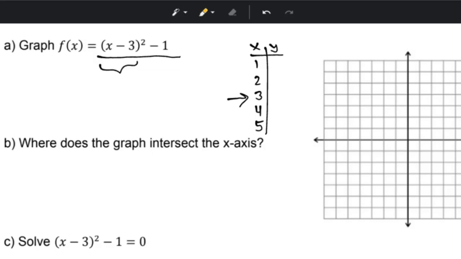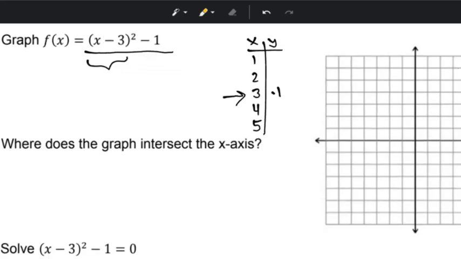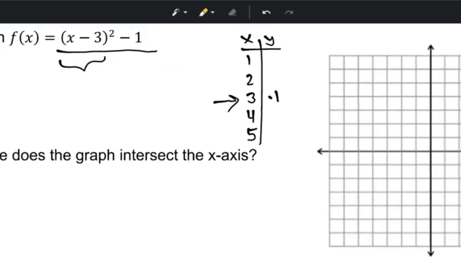So if I plug in 3, 3 minus 3, and square it, I'm going to get 0, and then take away 1, we get minus 1. Then let's plug in 4. 4 minus 3 squared is 1, and then minus 1 is 0. 5 minus 3 is 2, squared is 4, minus 1 is 3.